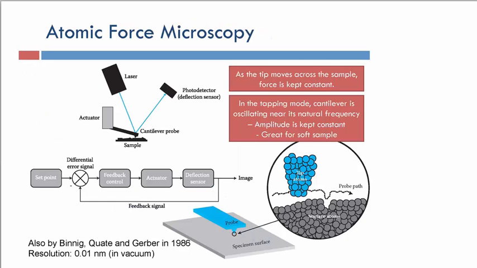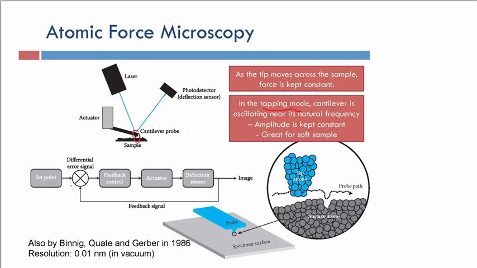The other type of this microscopy is atomic force microscopy, or AFM. It's a very similar setup. It still has a cantilever and a probe tip, and you have a sample, but in this case you're actually dragging the tip across your sample. You can do this in a number of ways. You can either maintain a constant force of your tip to your sample and scan across and measure the deflection of the cantilever, or you can use what they call tapping mode.